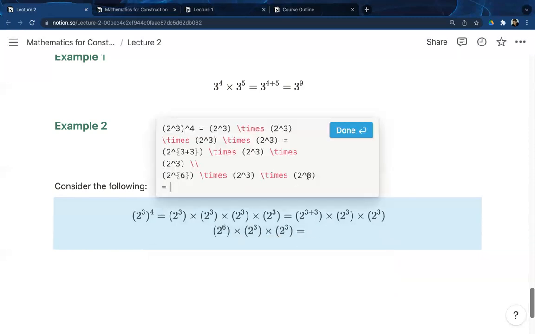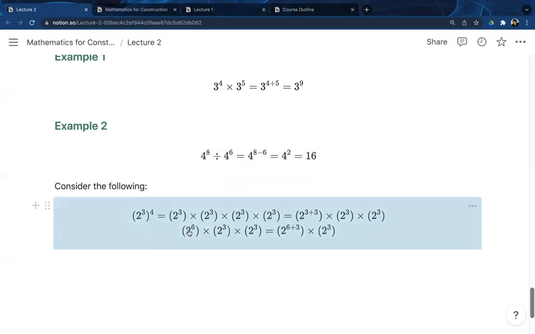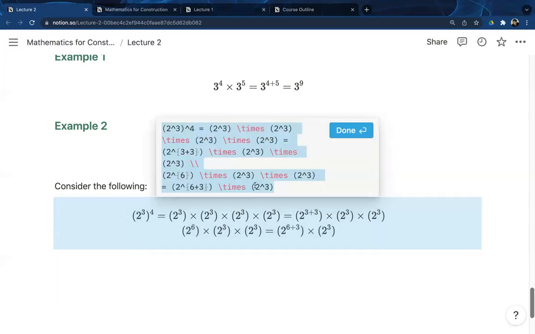I could say this is 6 plus 3. Right? If I combine these two terms here, I get 2 to the 6 plus 3, which is 9.